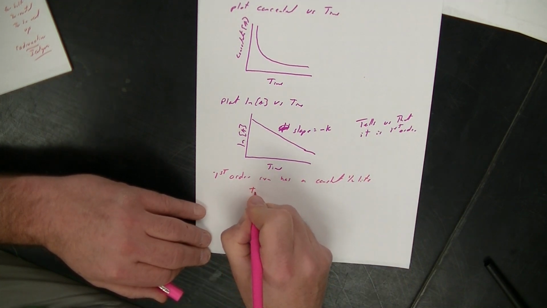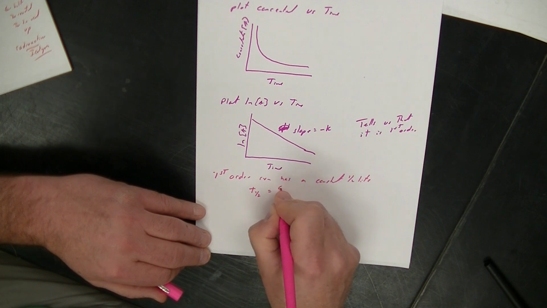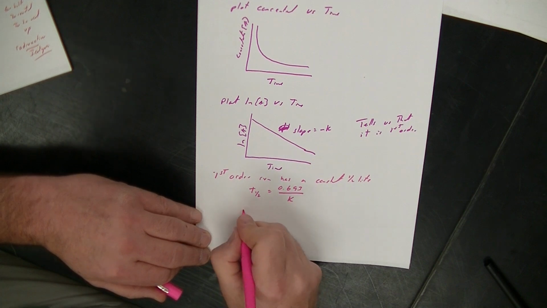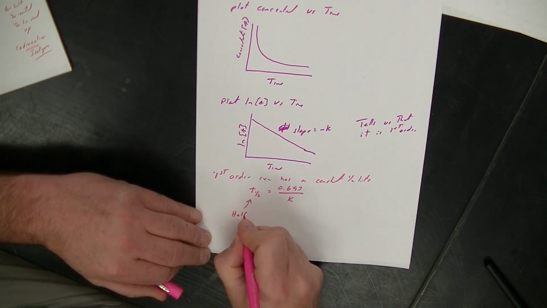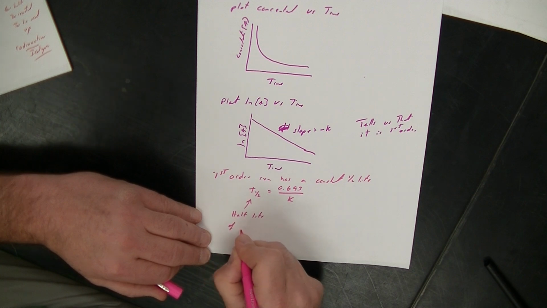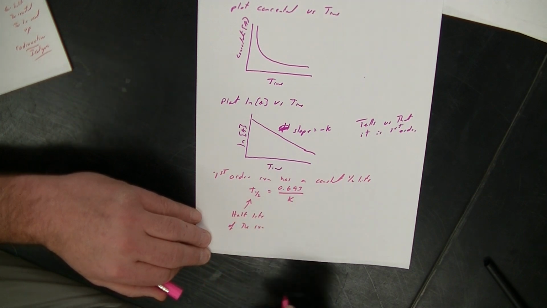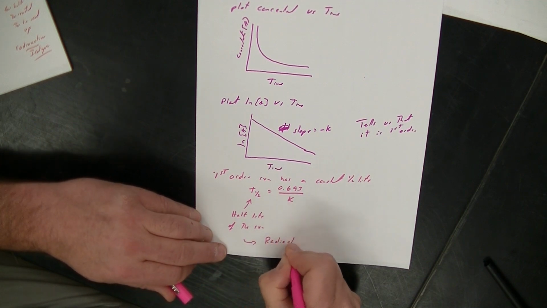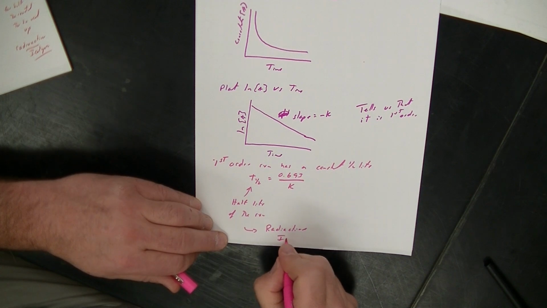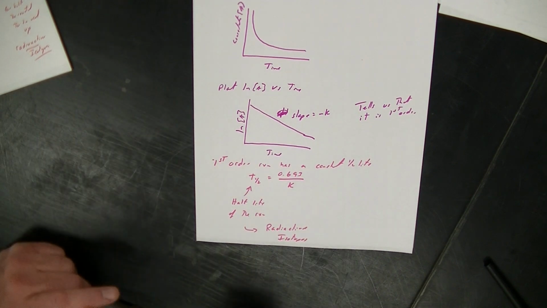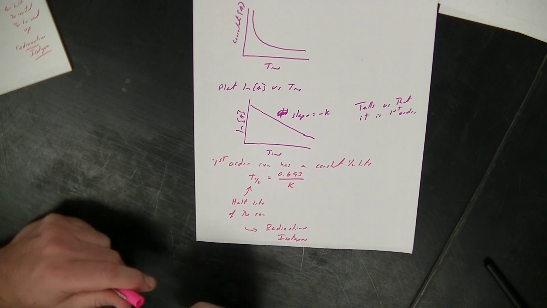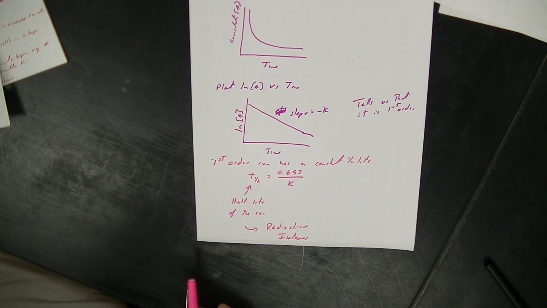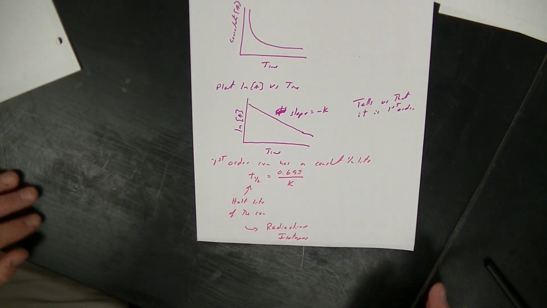So this is where our T1/2 equals 0.693 over K. And this is actually the half-life of the reaction. And this is where our radioactive isotopes sit. So this is for first order reactions. Let's deal with second order reactions.